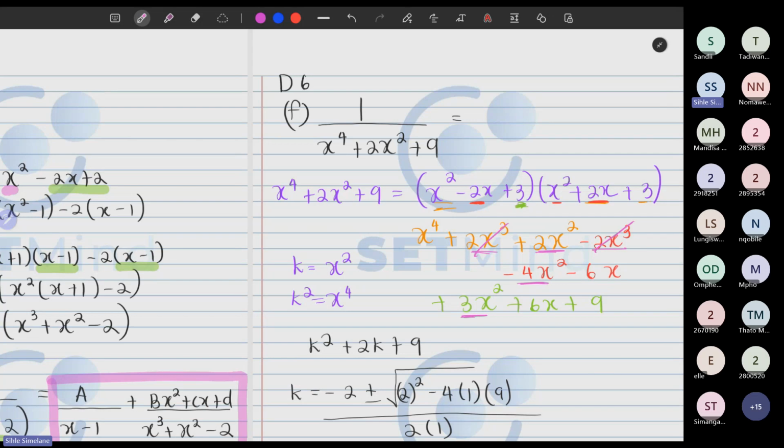So what would be the coefficient of x squared here? So 2 minus 4 plus 3. That would be 1. Do you all see that? Yes, I see that.